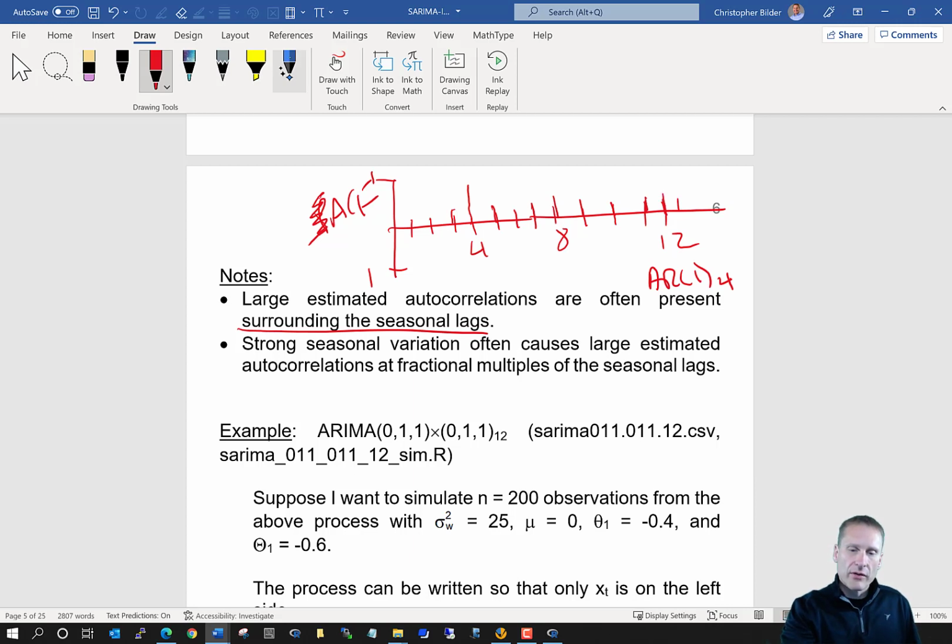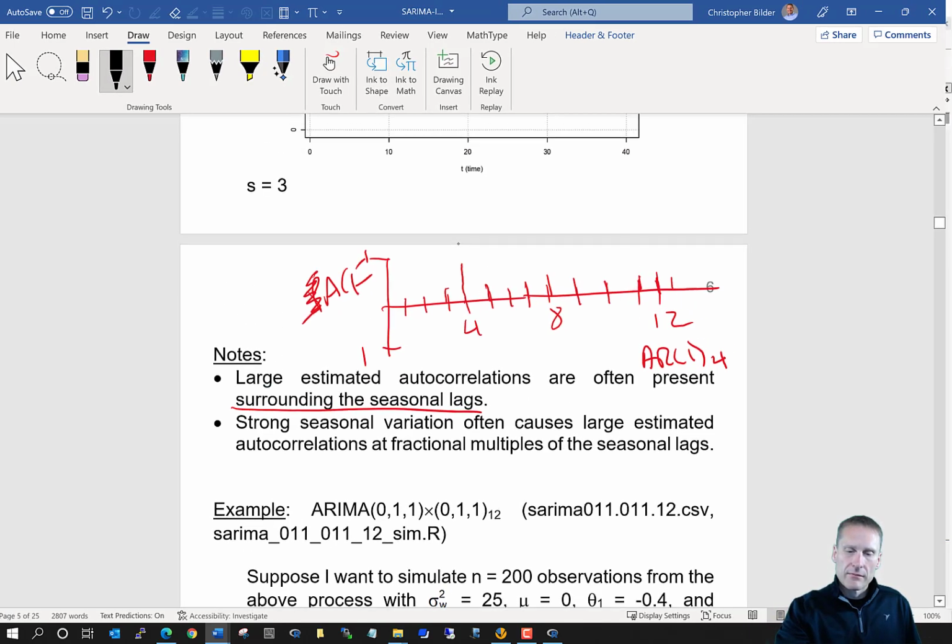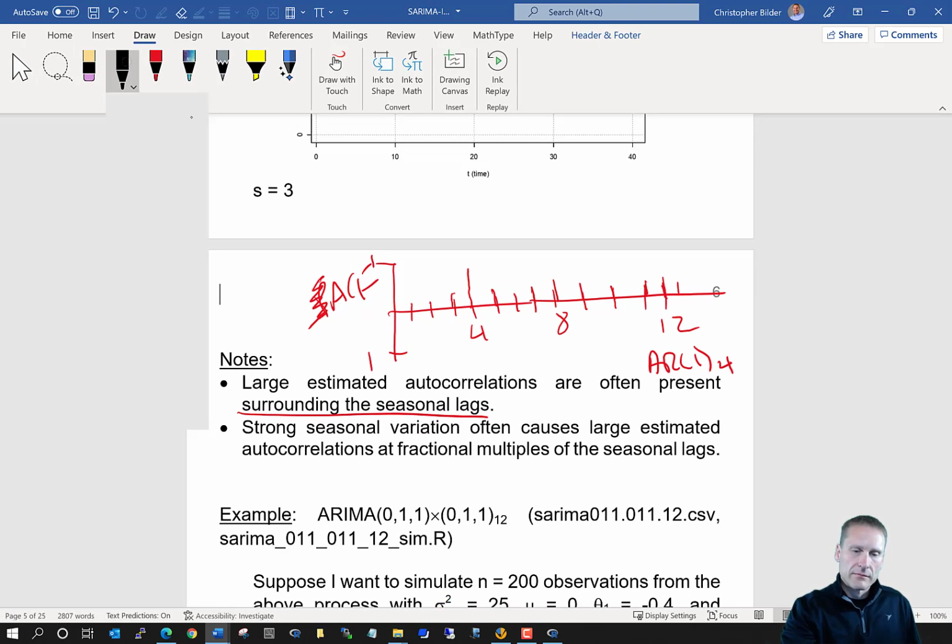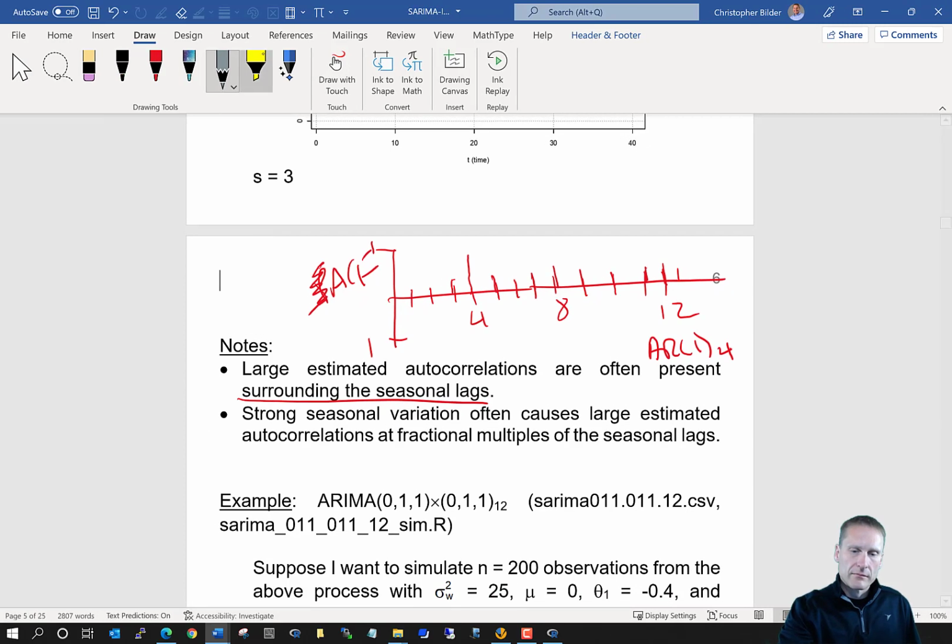Let me try a different pen color so we can see this better. Unfortunately, none of my pens are working. But imagine at lag 4, lag 8, lag 12, we see that tailing off process with this corresponding ACF.